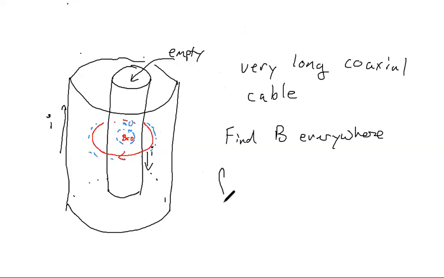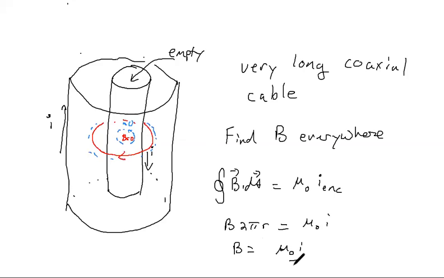So the integral of B dot ds around this loop should equal mu naught times I enclosed. This loop wraps around all of the current I, so this is just B times 2 pi R equals mu naught I, or B equals mu naught I over 2 pi R. Same answer we had for just a wire, even though this is not quite a wire; it's got some thickness. And so this is the formula for the magnetic field in the gap.